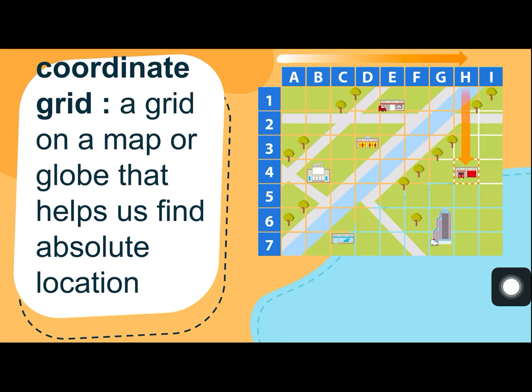So the coordinate here for the hospital would be G, comma, 7. You could also use relative location here to find different objects, but for this coordinate grid, this is really going to help us find the absolute location, so an exact area that we're looking for.